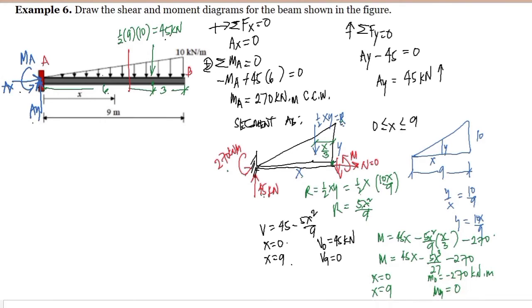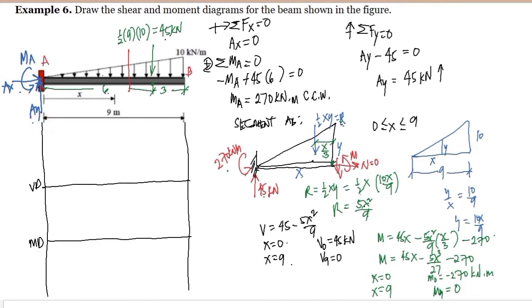And it's time for us to draw the shear and moment diagram. Okay, so at x is equal to 0, the shear at 0 is equal to 45 kilonewton. And at x is equal to 9, the shear at 9 is equal to 0.